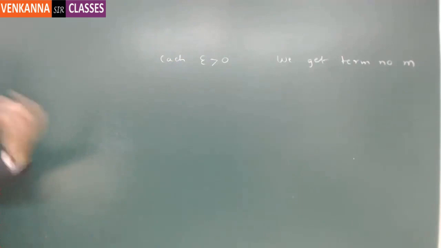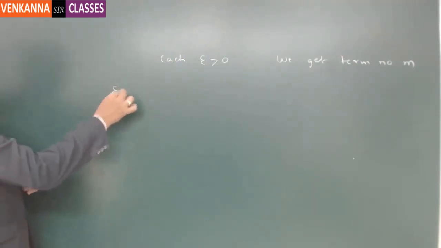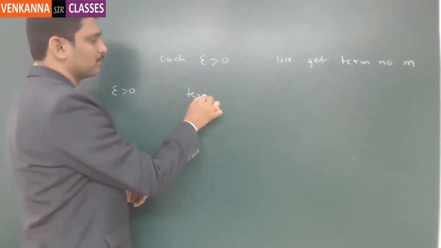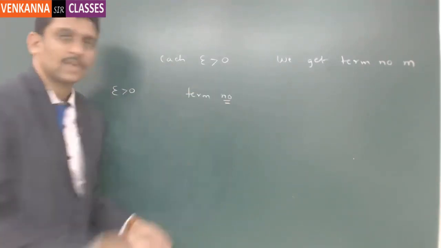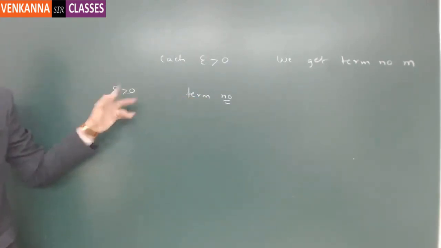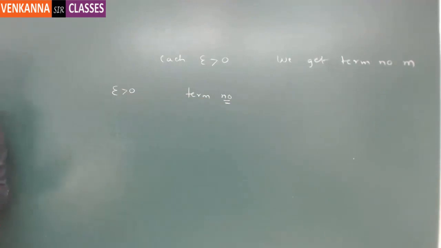Similarly, in a Cauchy sequence also, for each epsilon greater than 0, we should specify a term number, or if you have taken a term number, you should specify the epsilon, vice versa. Okay?